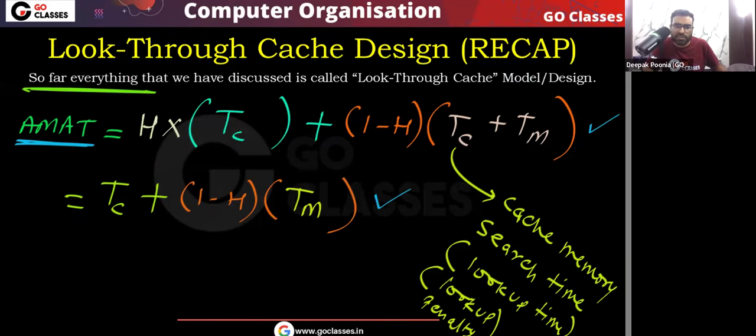And remember, everything that we have seen so far was basically look through cache design. This is also called inline cache, because we put the cache memory between CPU and main memory. So I hope this point is clear.